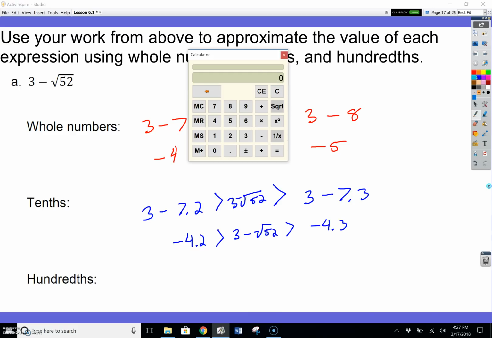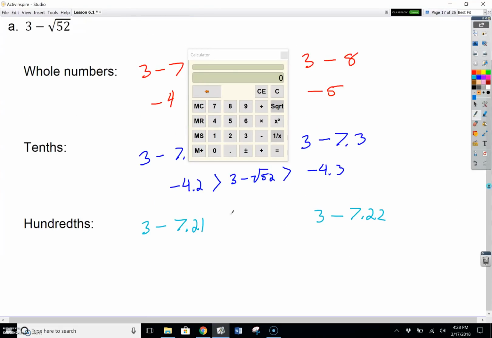All right, and if we looked at the last one now, I'm going to have 3 minus 7.21 and 3 minus 7.22. So I know that it's going to be in between these two numbers. So 3 minus radical 52 is going to be less than this number, but I also know it's going to be greater than this number.